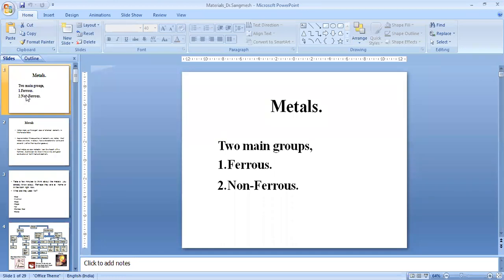Its physical properties can be altered by exposing it to heat, melting it and mixing with other alloying elements. This can be done very easily in the case of ferrous material.